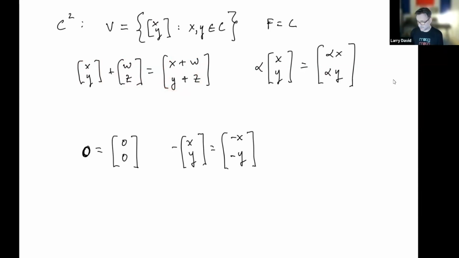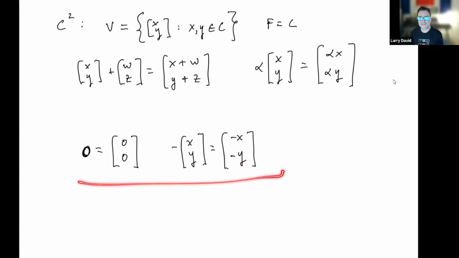And the definition of scalar multiplication is to simply multiply the scalar by each complex number entry in the vector. It turns out that the zero vector in C2 is simply the vector whose entries are zeros, and the additive inverse of the vector (x, y) is the vector whose entries are the additive inverses, or the opposites, we could say, of the entries in the vector.